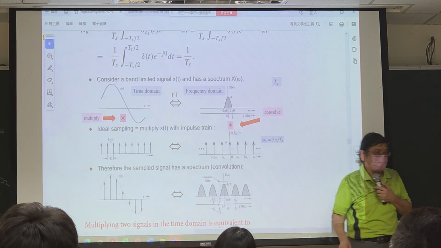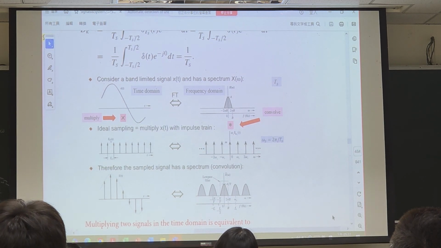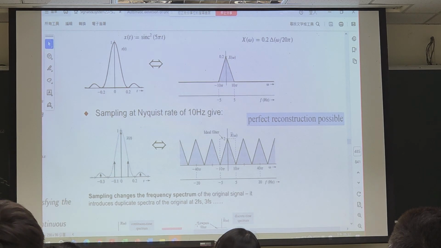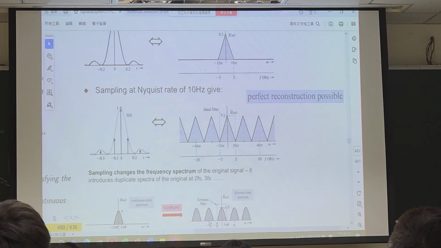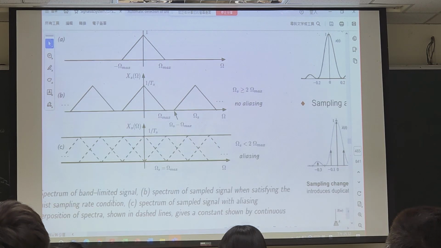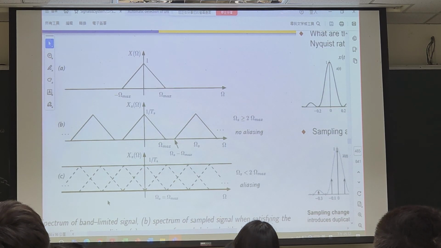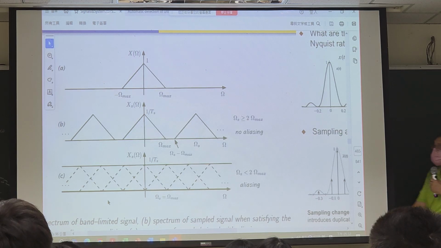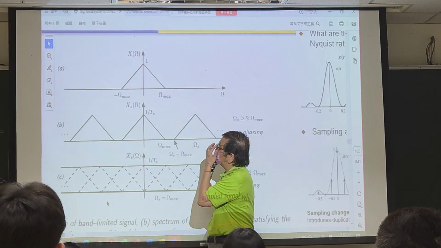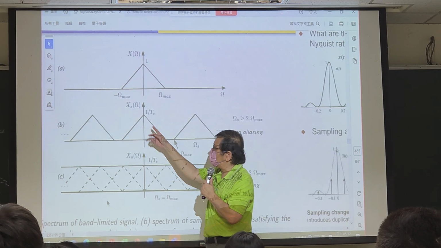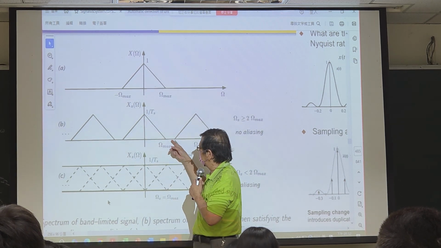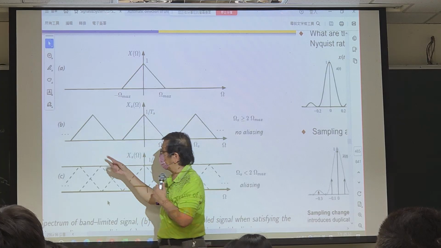Okay, but this has a very big problem. What's the issue? Let me use this video first. Suppose this is the frequency response of the original signal, X of omega. After sampling, the sampled signal has the frequency response like this.